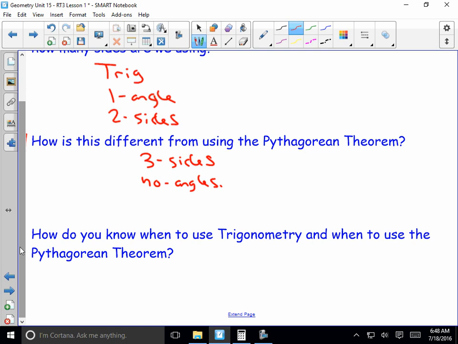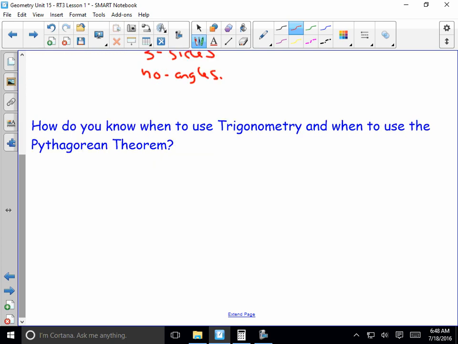How do you know when to use trig and when to use the Pythagorean theorem? We can use the Pythagorean theorem when we have 2 sides and we're trying to find the third.